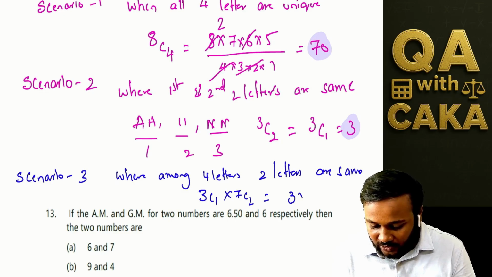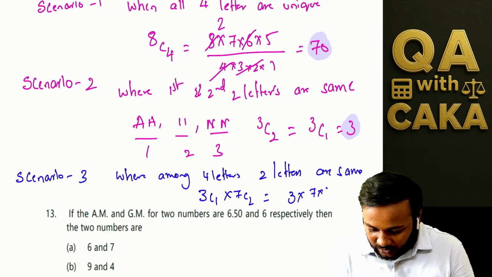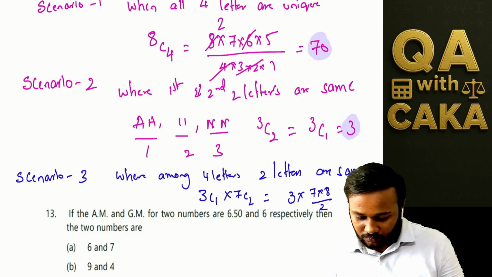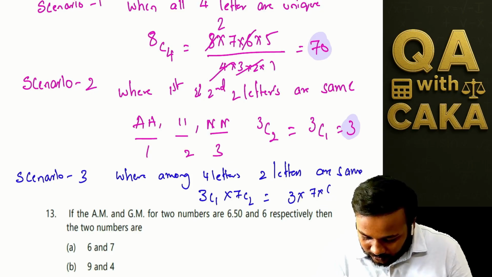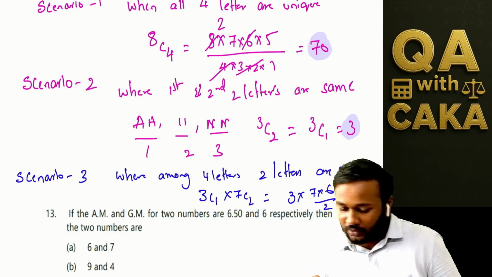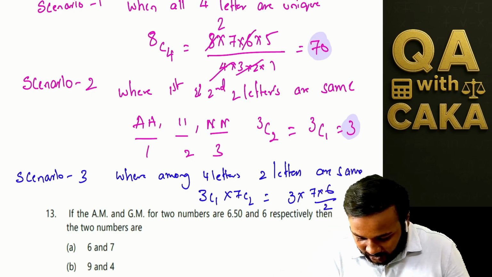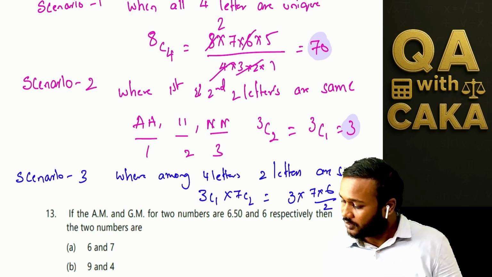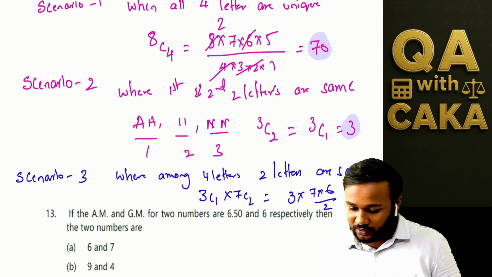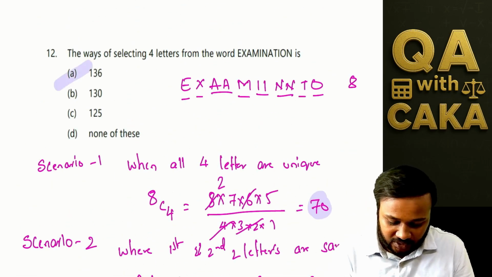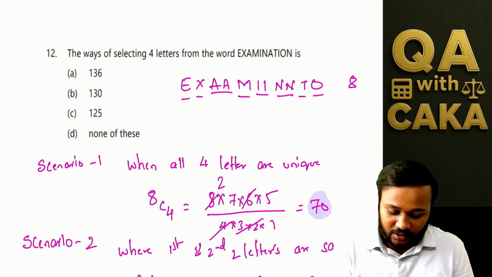Which will be 3 into 7 into 6 over 2, which is nothing but 63. So if you add all this, 70 plus 3 plus 63, which is resulting in 136. If you add all these three, I'm getting 136. Option A is your right answer.